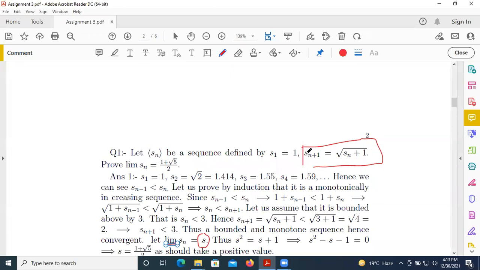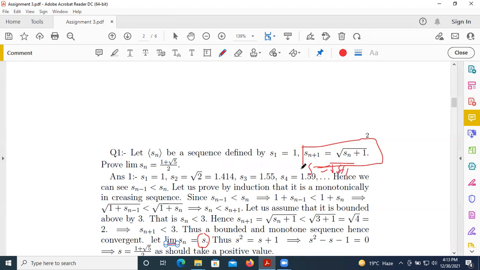We get limit n tending to infinity of Sn plus 1 is equal to limit n tending to infinity of root of Sn plus 1. But we have limit Sn is equal to S, so we get S is equal to root of S plus 1.